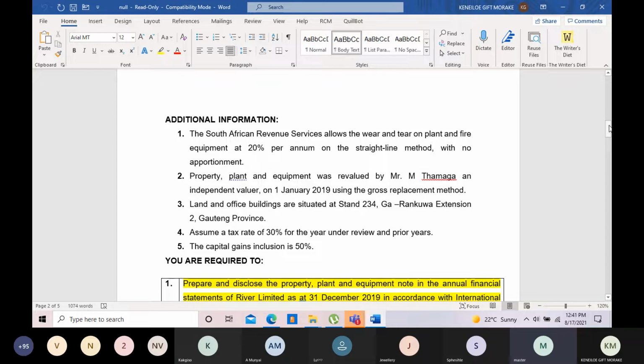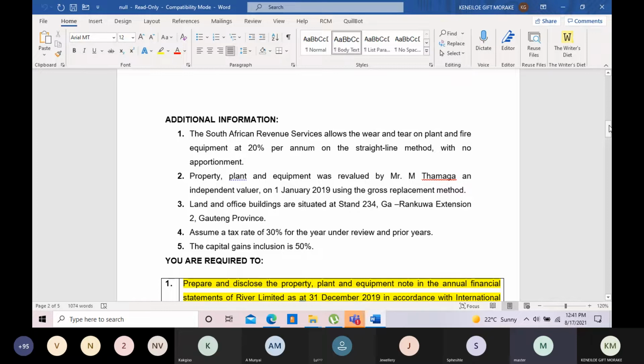So this is the guy who revalued this PPE. As you can see on top there, it was revalued from 200,000 to 207,500. You saw under the plant there, and also the land there, it got revalued. So I'll go back there and show you how to deal with those amounts that were revalued by this man.